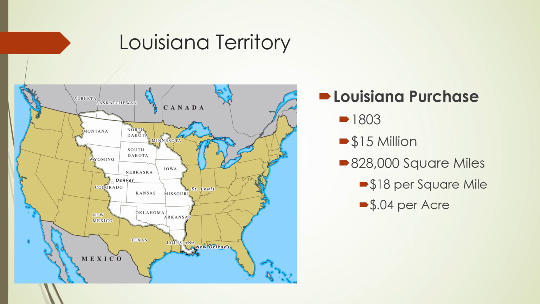Jefferson approaches Napoleon diplomatically about the possibility of paying Napoleon a few million dollars for rights to New Orleans and the Mississippi. And Napoleon counteroffers and says, if you will give us 15 million, then you can have Louisiana.